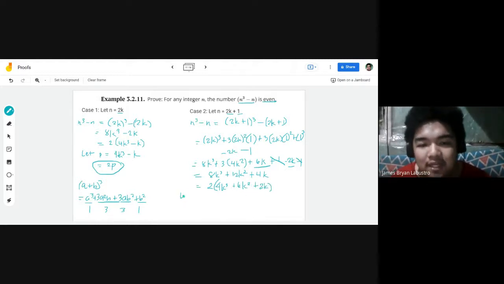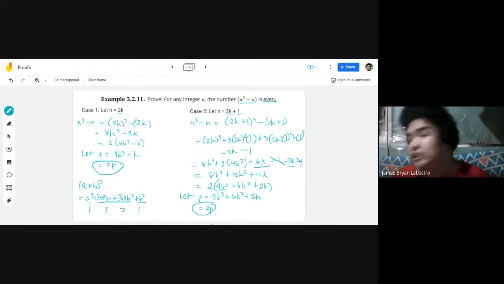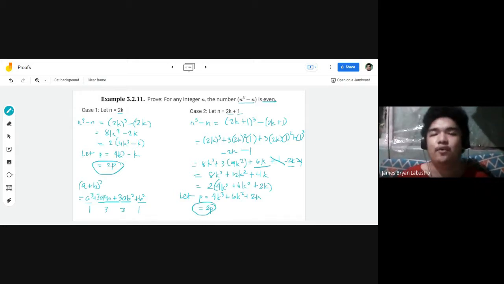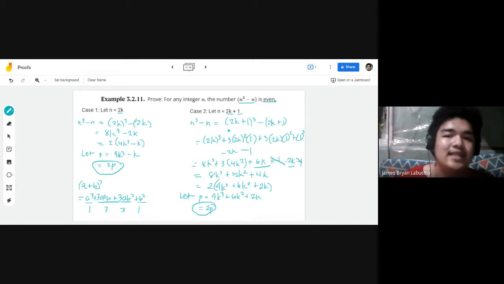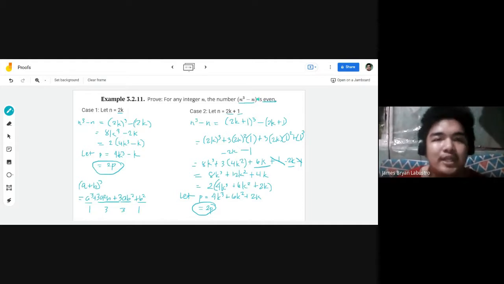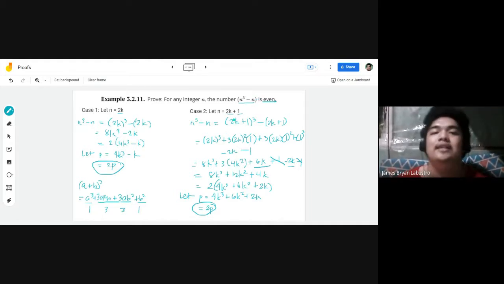Then we let p equal to 4k cubed plus 6k squared plus 2k, in the simplest form times 2. So therefore, we prove that the expression n cubed minus n is an even integer.